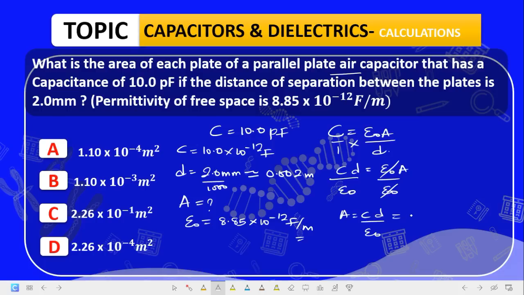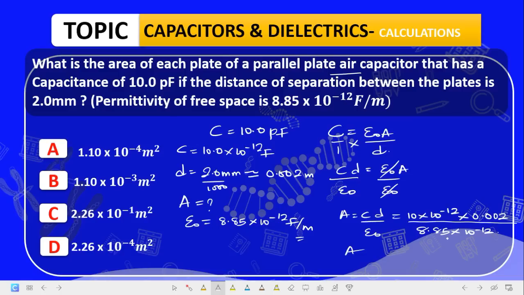Now what is your C? The capacitance is 10 times 10 raised to the power of minus 12. The distance of separation is 0.002, divided by our epsilon naught, which is the permittivity of free space, 8.85 times 10 raised to the power of minus 12.